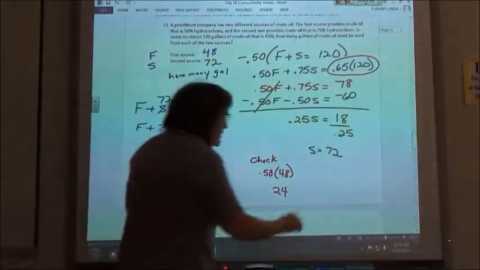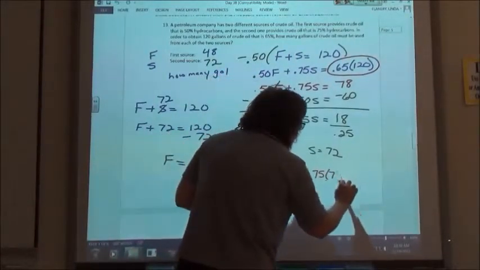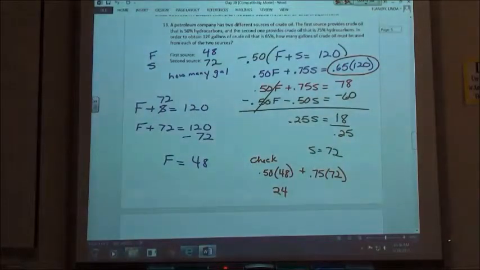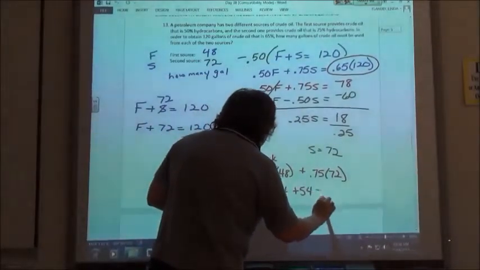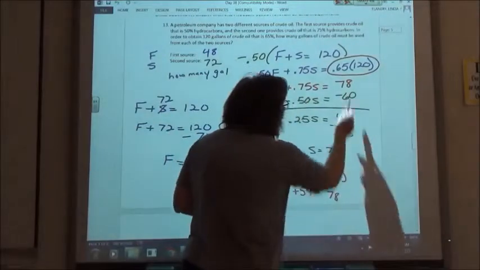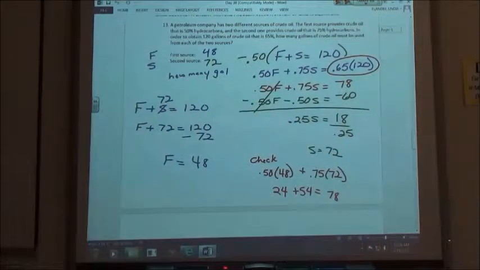My second one is 75%. 75% of 72. I'm going to grab my calculator and figure that out. So 0.75 times 72 is 54. If I add those two together, my total number of hydrocarbons is the 78 I was supposed to have. Yep, checks out, works out good.